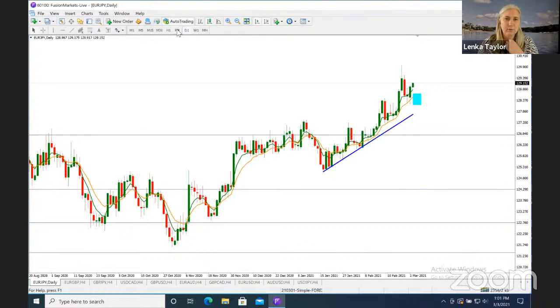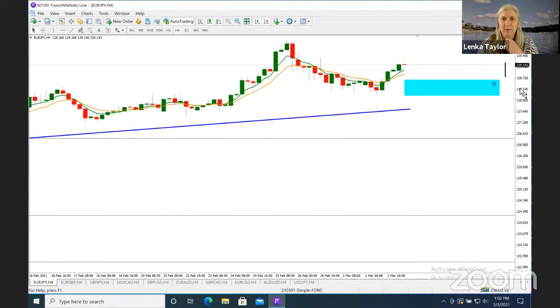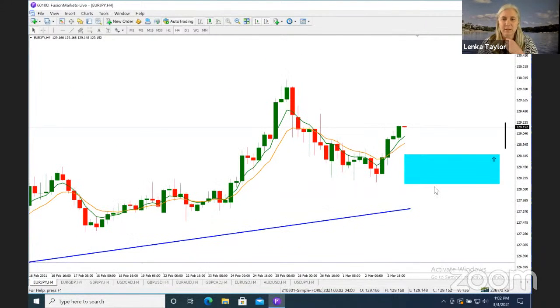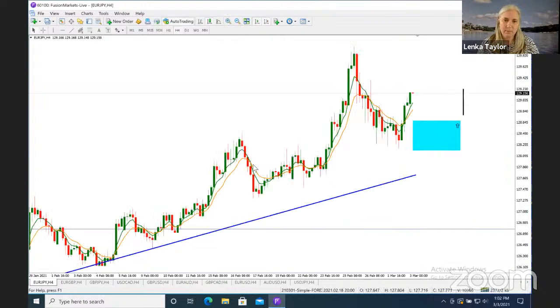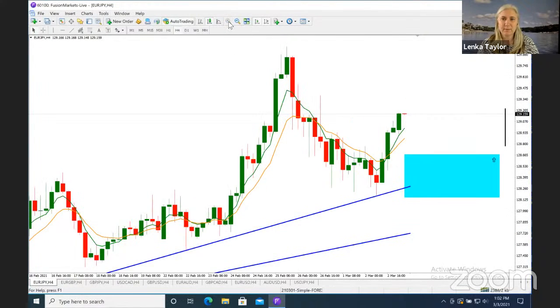So on the 4-hourly, I didn't quite get the setup as deep as I would have liked it, but it is in line with this sort of line here. And there's enough room for profit. So I'm going to look at entering that trade.